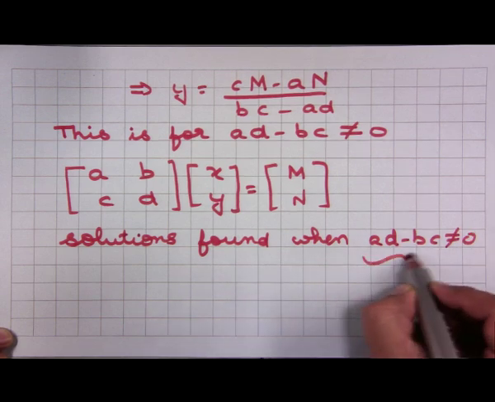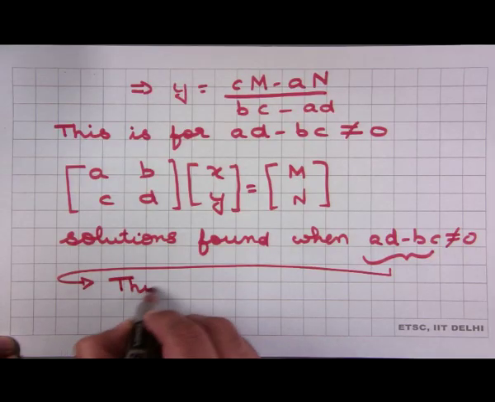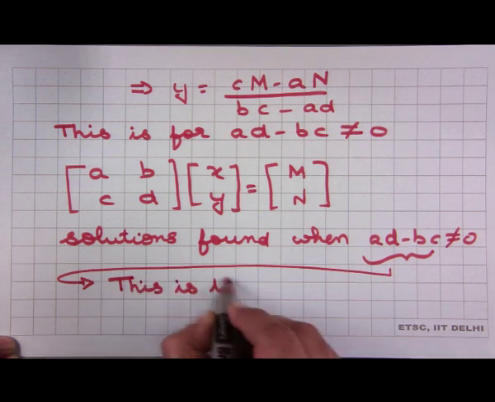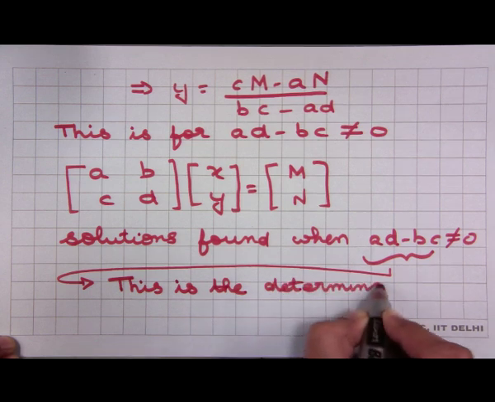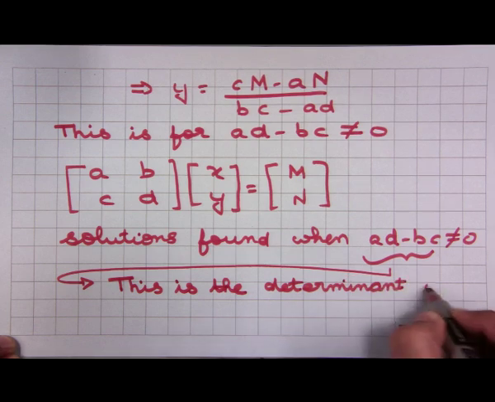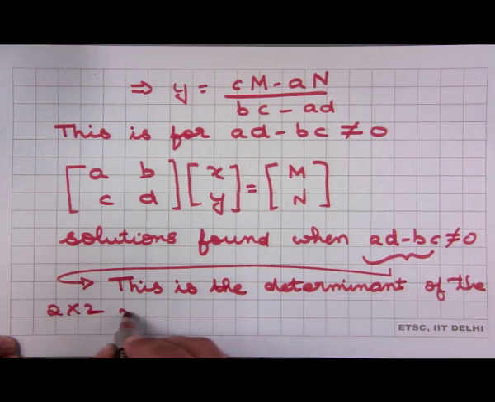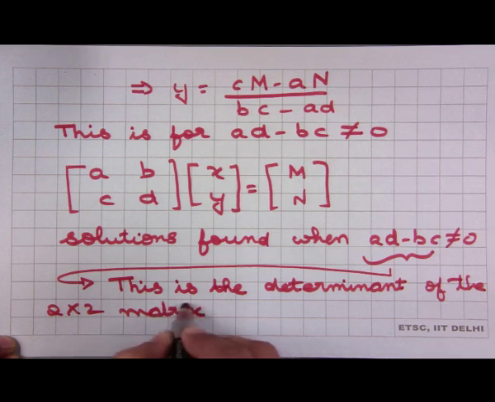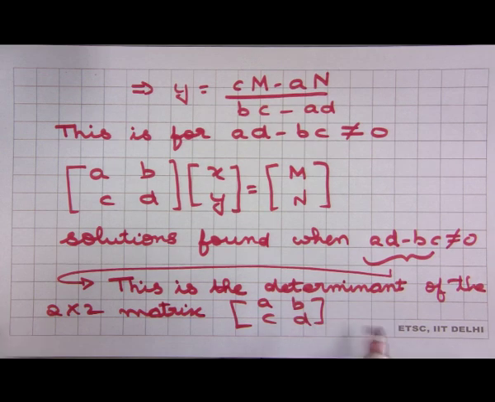Now, this quantity AD minus BC is nothing but the determinant of this 2 by 2 matrix A, B, C, D.